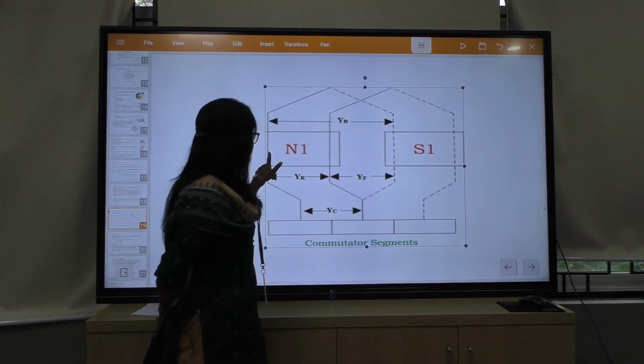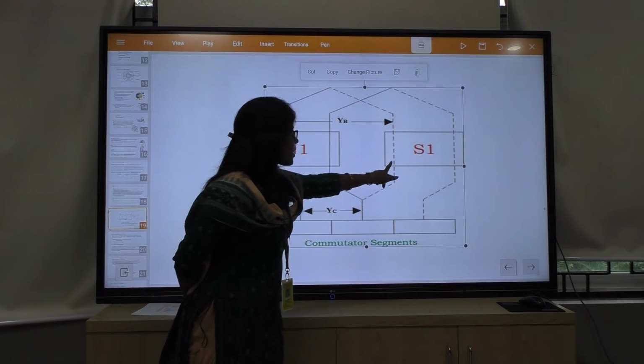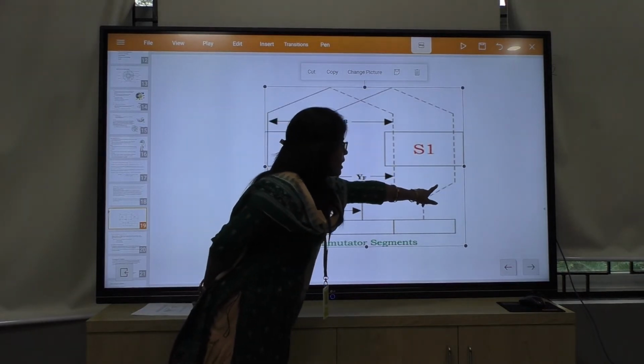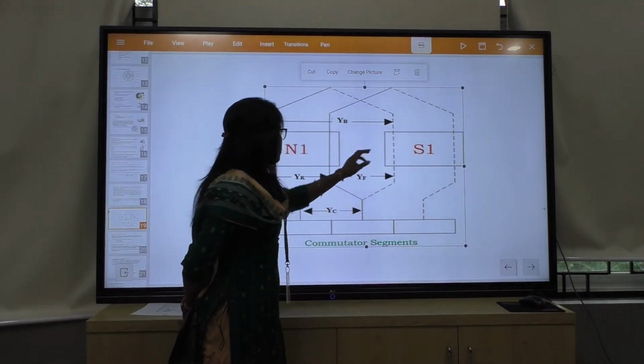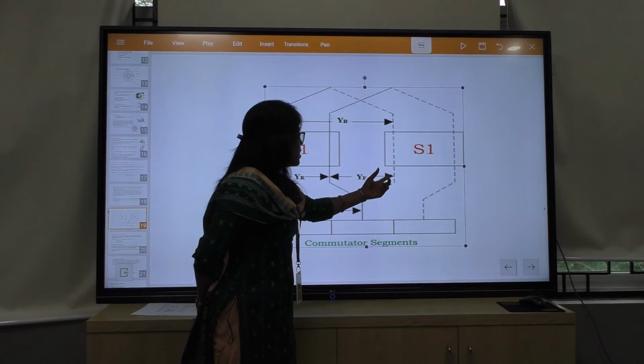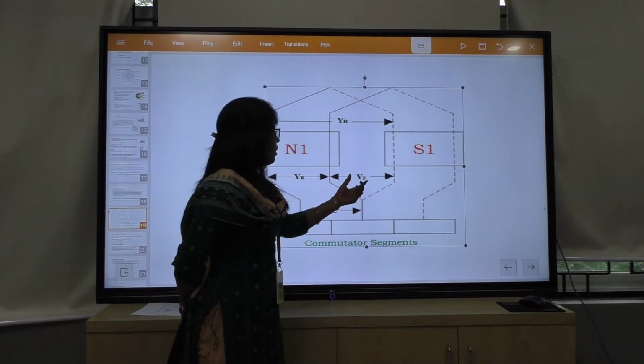This is the first conductor of one coil and this is the second conductor of one coil. This is the first conductor of the second coil, this is the second conductor of the second coil. So, the distance between the second conductor of the first coil and the first conductor of the second coil is called front pitch.